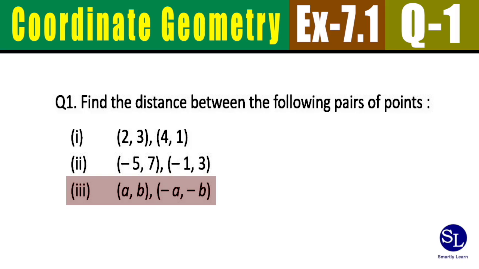Now let's look at the third pair, (a, b) and (minus a, minus b). So let's note down the points first.